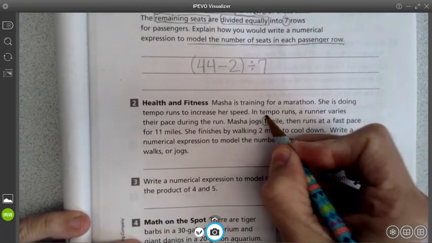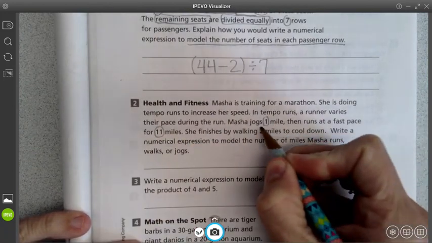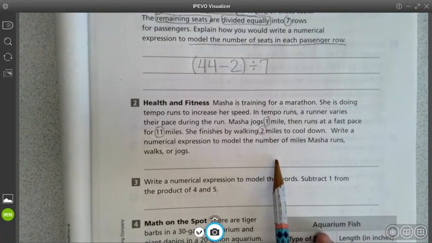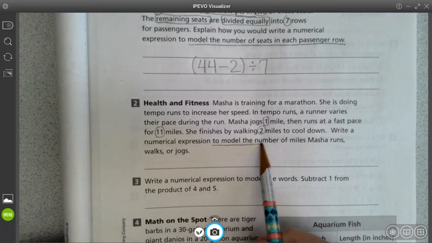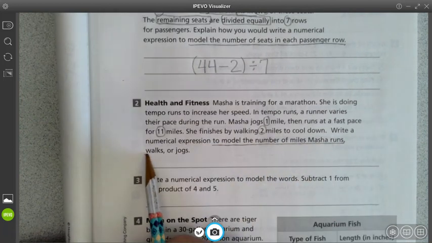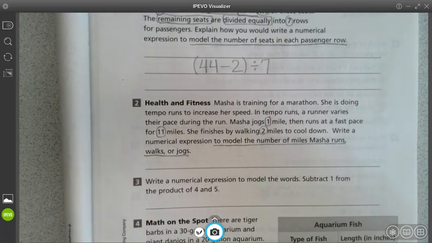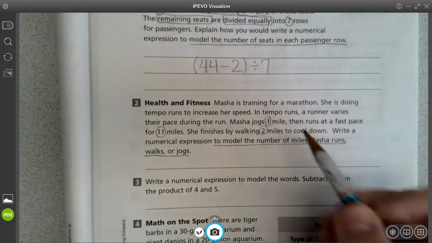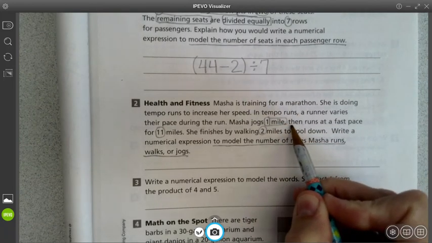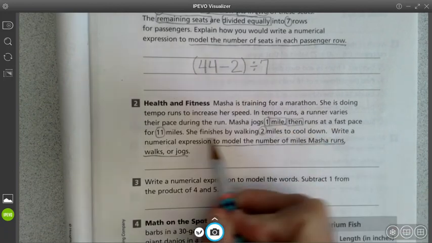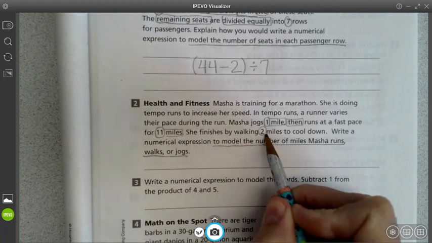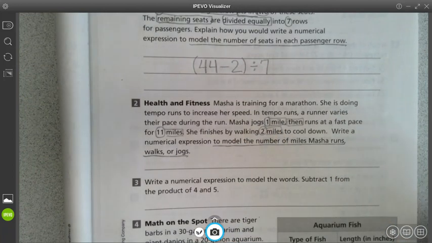I'm going to go through again. I'm going to circle the numbers that I see. There were no number words. So we're looking to model the number of miles that she walks, runs, or jogs. All right, let's see what's important here. She jogs 1 mile, then runs at a fast pace for 11 miles, and she finishes by walking 2 miles to cool down.